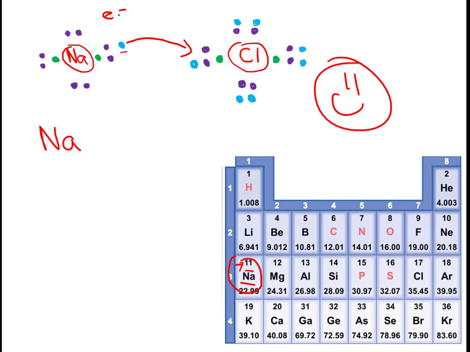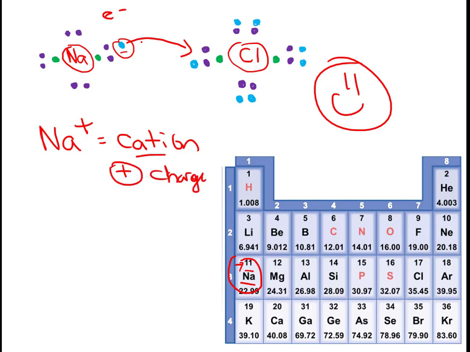Remember, electrons have a negative charge, so sodium is losing a negative charge, so it will become a sodium cation. A cation is any ion, an element that has a positive charge, whereas chlorine is going to be picking up that extra electron, so it'll have a negative charge. It becomes what we call an anion. So an anion is an ion with a negative charge.